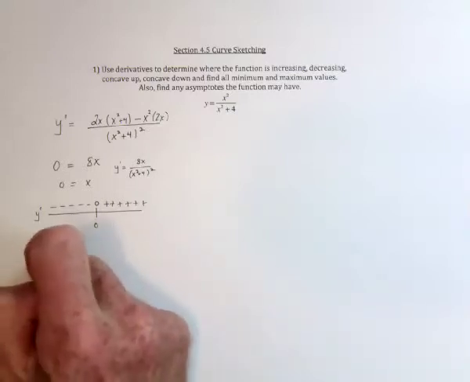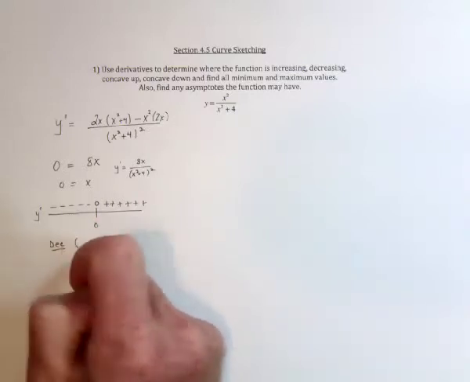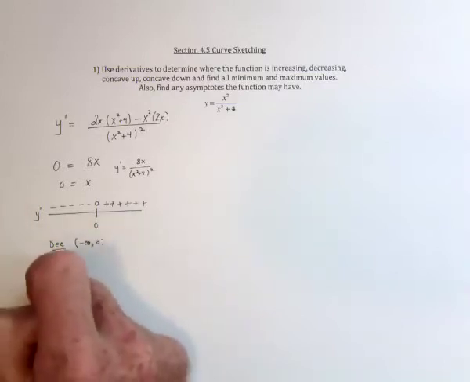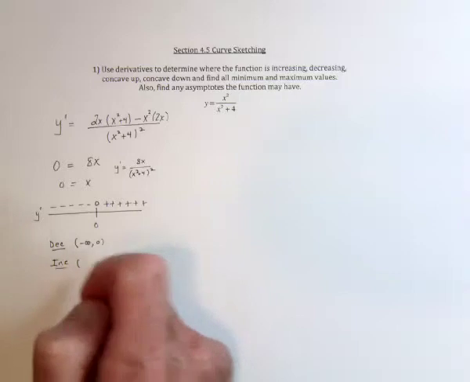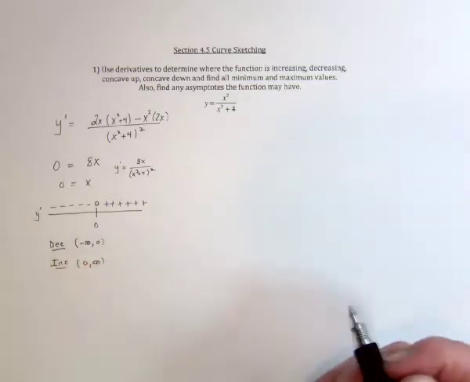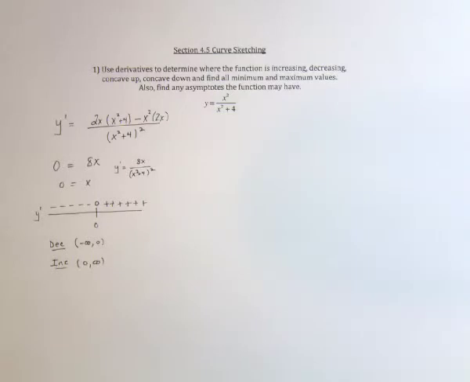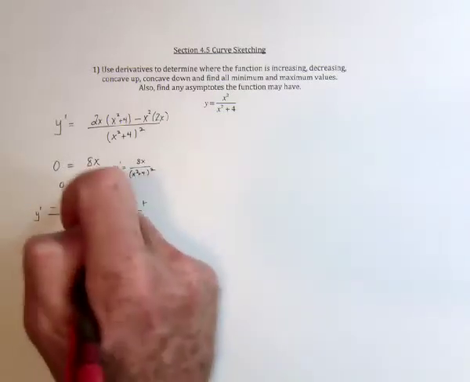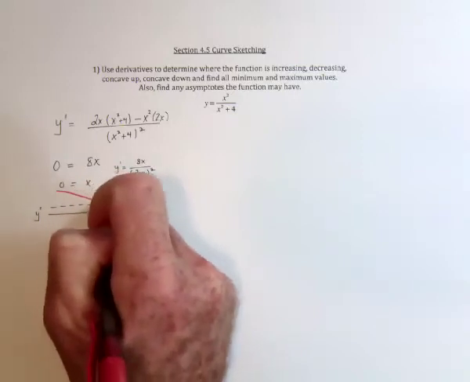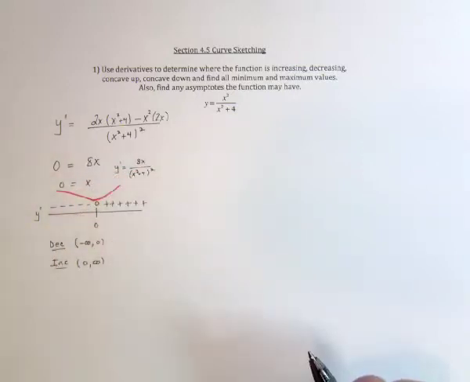So that means the function is decreasing from negative infinity to 0, and it's increasing on the right side, 0 to positive infinity. So I can even use this little number line graph to say the function was going down, then the derivative equals 0, and then it was going up.